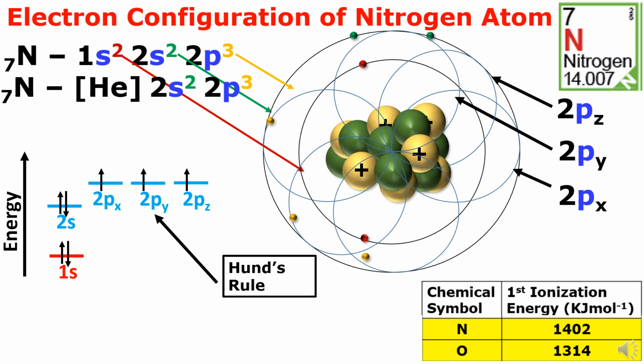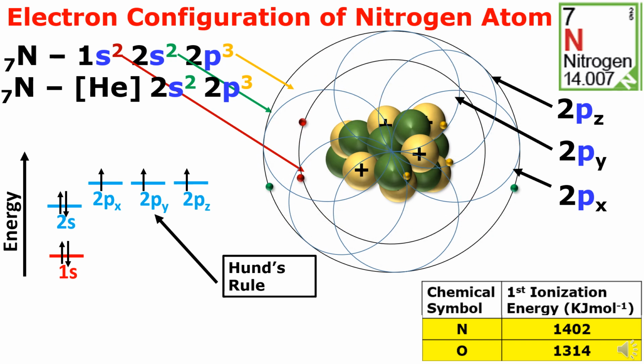For nitrogen, the electron configuration is 1s2, 2s2, 2p3. The first two electrons fill the 1s orbital, the next two fill the 2s orbital, and the fifth, sixth, and seventh electrons occupy the 2px, 2py, and 2pz orbitals respectively.